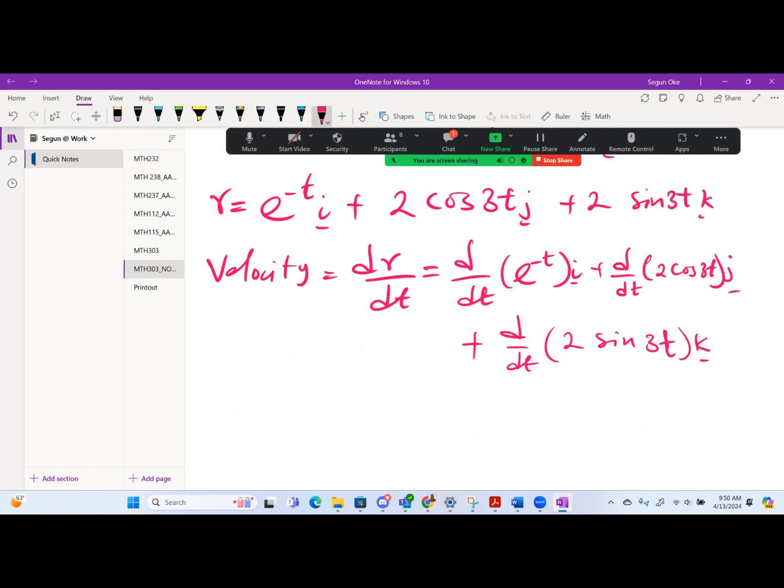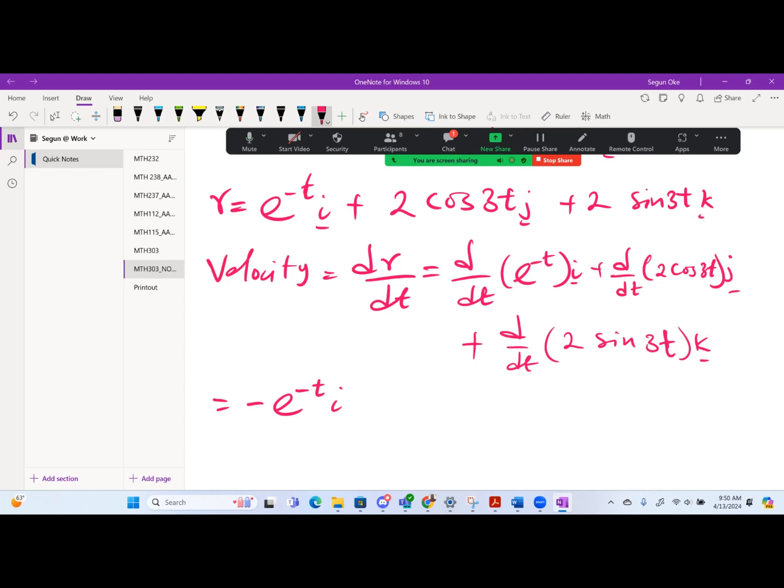So here, if you differentiate e raised to power minus t, what do you have? You still have minus e raised to power minus t. You remember? If I differentiate cos, it will give me what? Minus sine. So it will give me minus 3 sine 3t, but you have the 2 here.